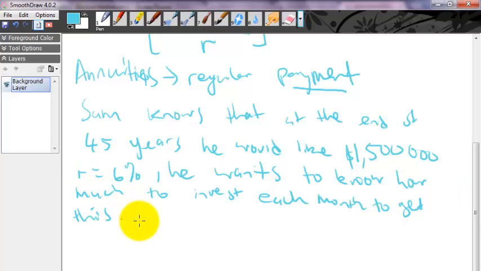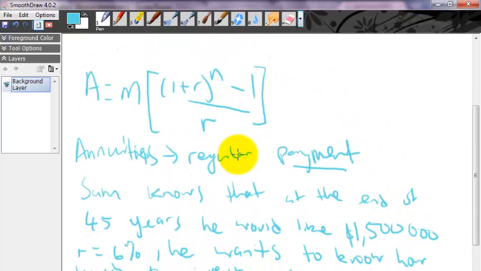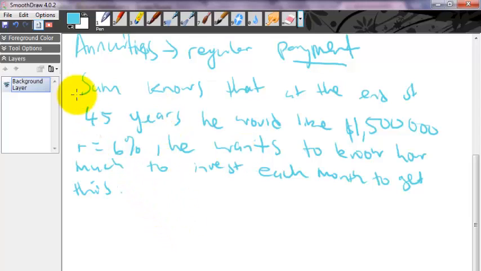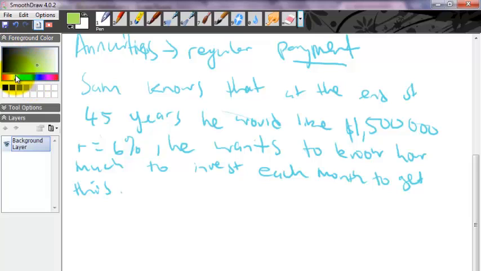Okay, I want $1.5 million. So now you know that the A on the top, according to the formula, is $1.5 million. So $1.5 million must equal M, which is what I want to work out: how much am I meant to put in every single month, such that at the end of my 45 years, I've got $1.5 million. Cool?